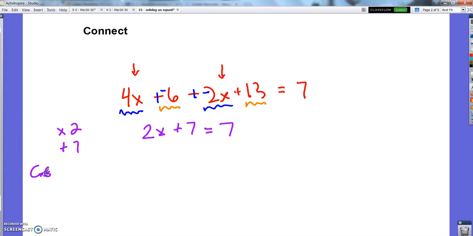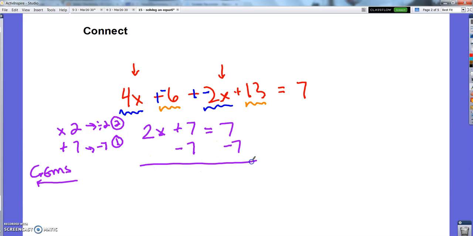If I do those in reverse GEMS order to find x, then I'm going to subtract 7 first, and divide by 2 second. So subtract 7 from both sides. I do that in order to make 2x equals 0, and it's pretty easy already to tell what x is.